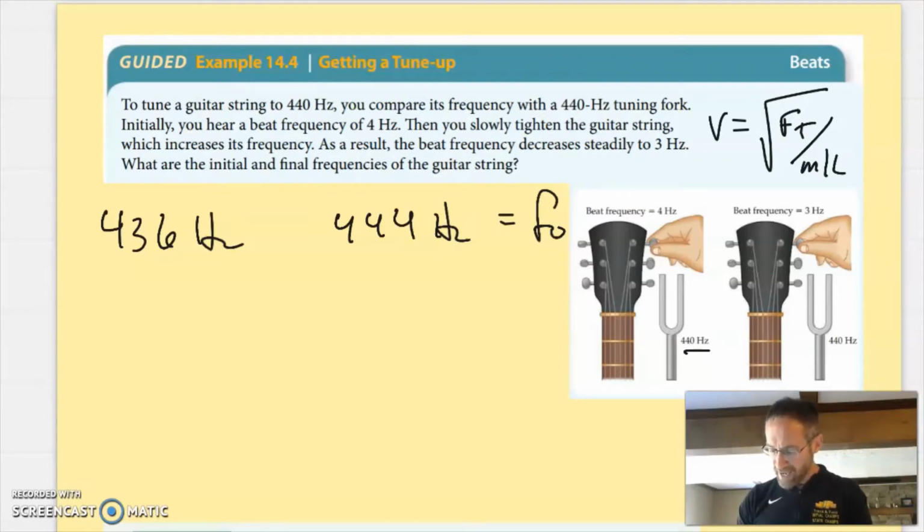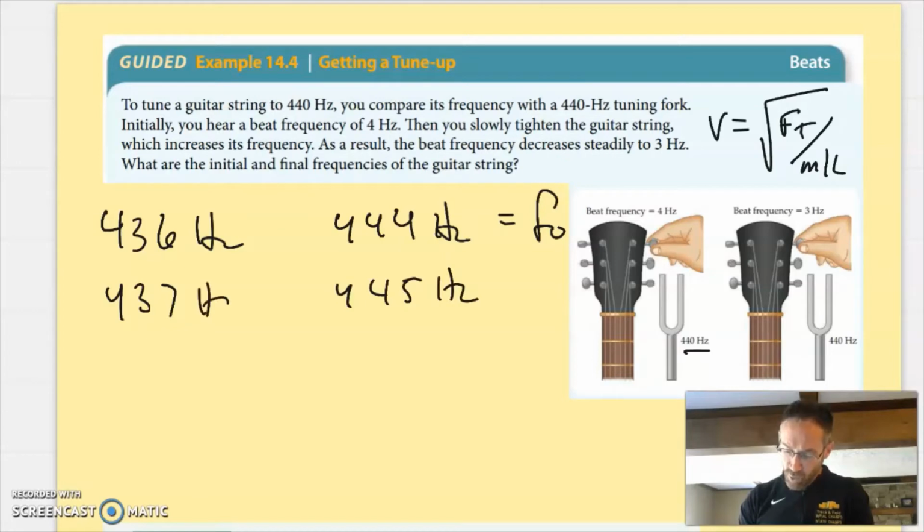So now I look ahead and I see that as a result the beat frequency decreases to 3 hertz. Now I know a little bit about this, and so do you. We know that we've changed the frequency by 1 hertz. And so if I increase the tension on both of these strings, this one might go to 437 and this one might go to 445.